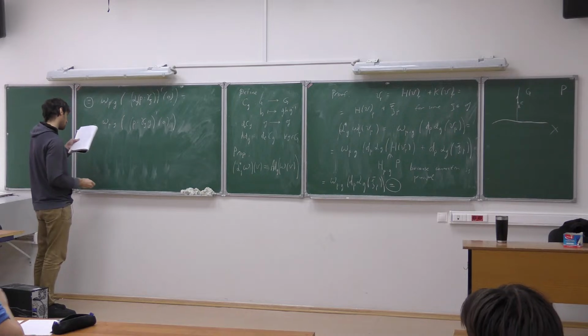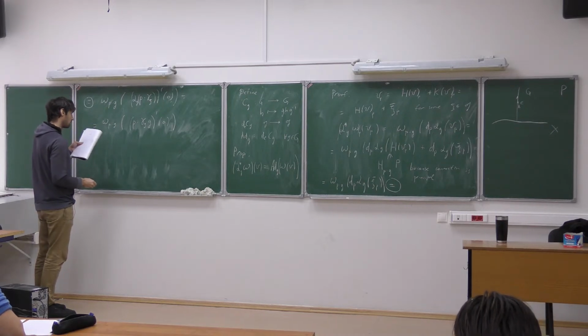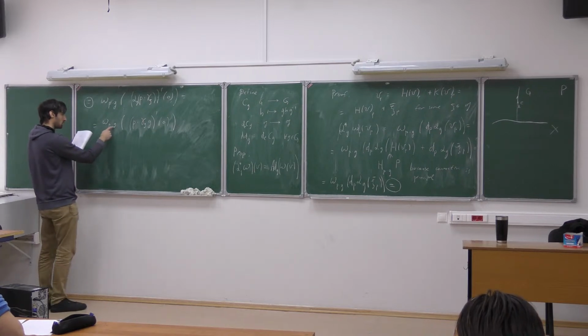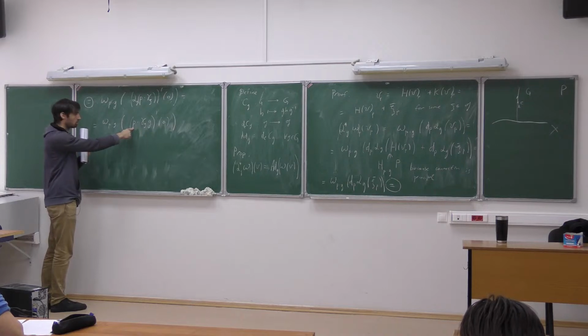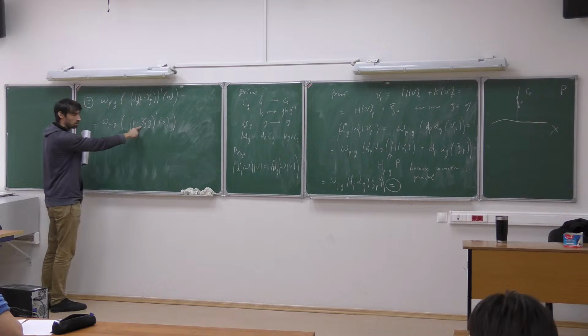Okay, now here comes the conjugation, because I have P dot G here and only P here. So I want to make it P dot G here and G inverse here.